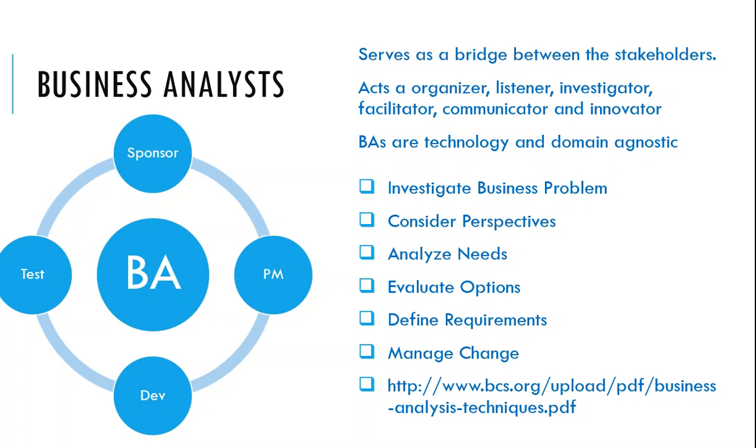When I say agnostic, I mean independent. You should not be dependent on just one domain. You cannot go out in the market and say that, no, I am only an automotive domain BA. I only work on automotive projects, or I only work on retail projects, or I only work on healthcare projects. No. The concepts that you will learn here will apply in general to all the industries. Okay?